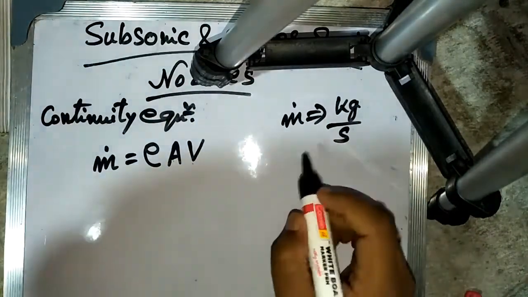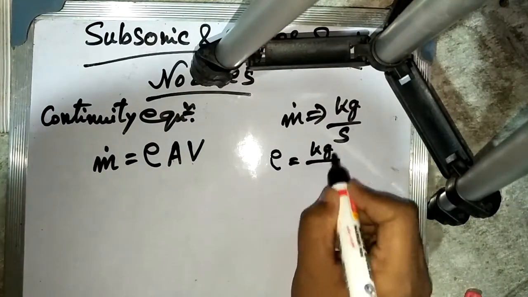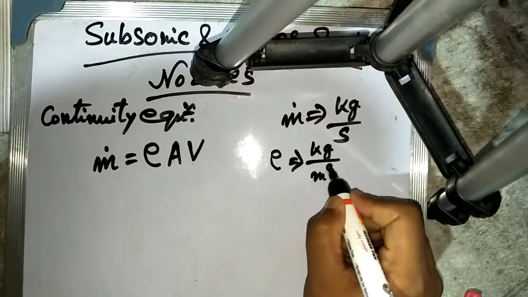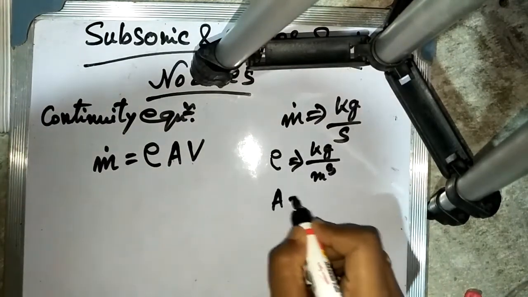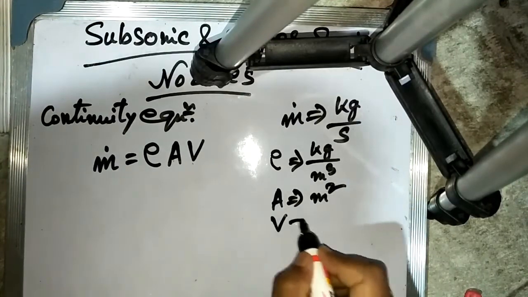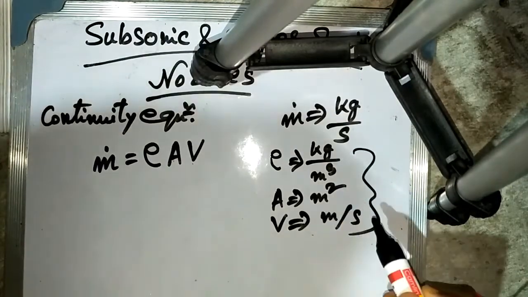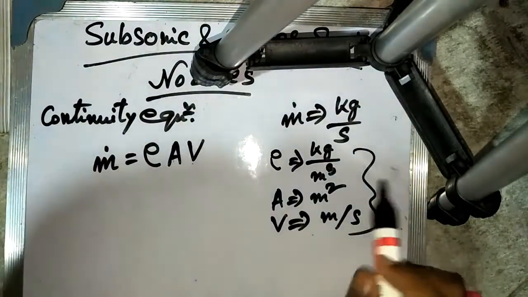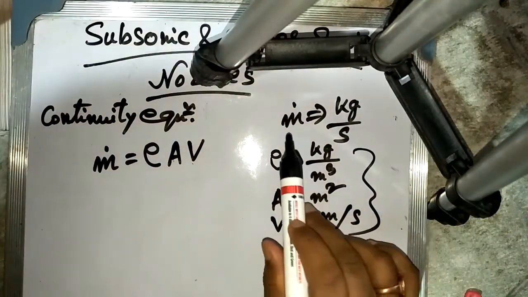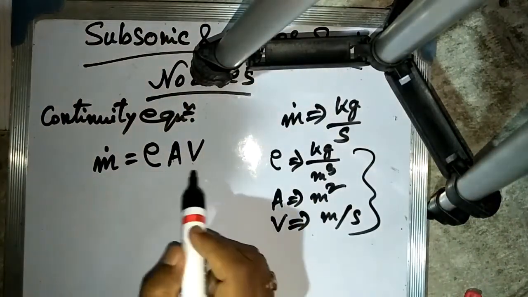The unit of density is kg per meter cube, the unit of area is meter square, and the unit of velocity, we know, is meter per second. Multiplying these three, we get kg per second. So this is the continuity equation.